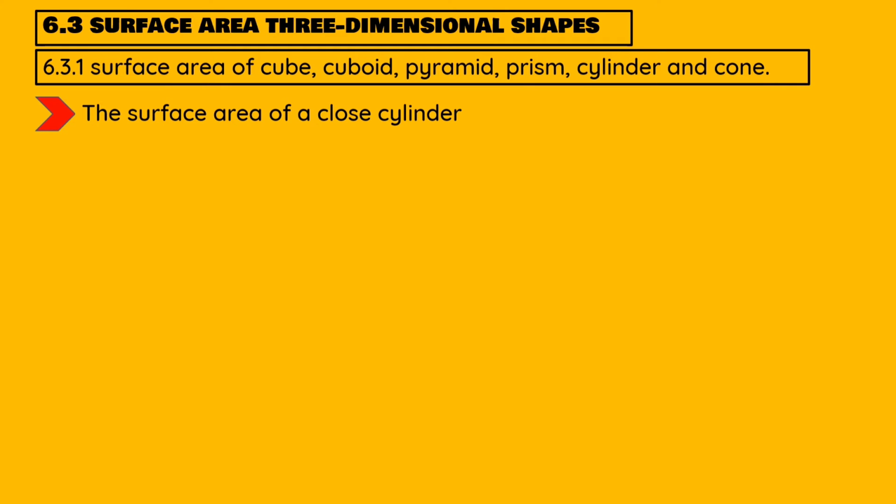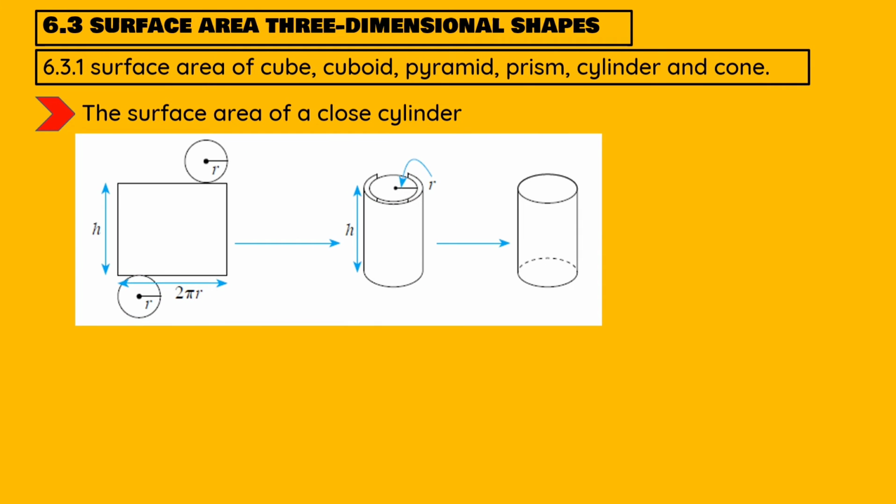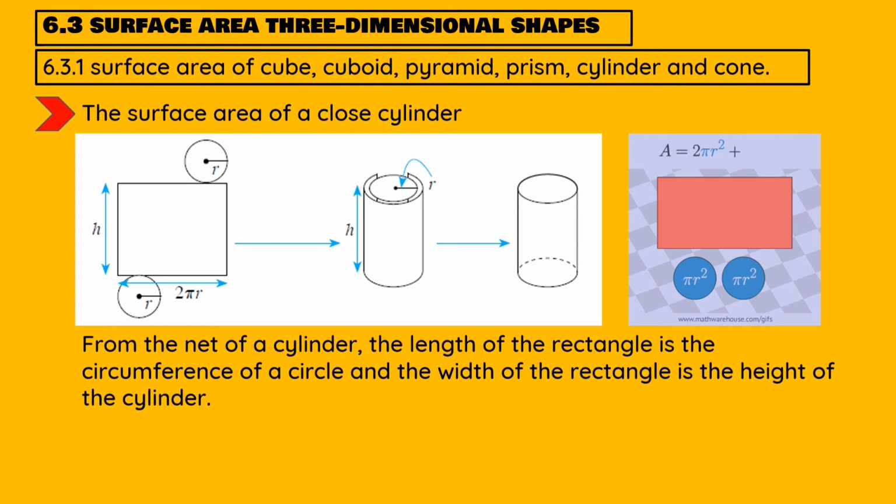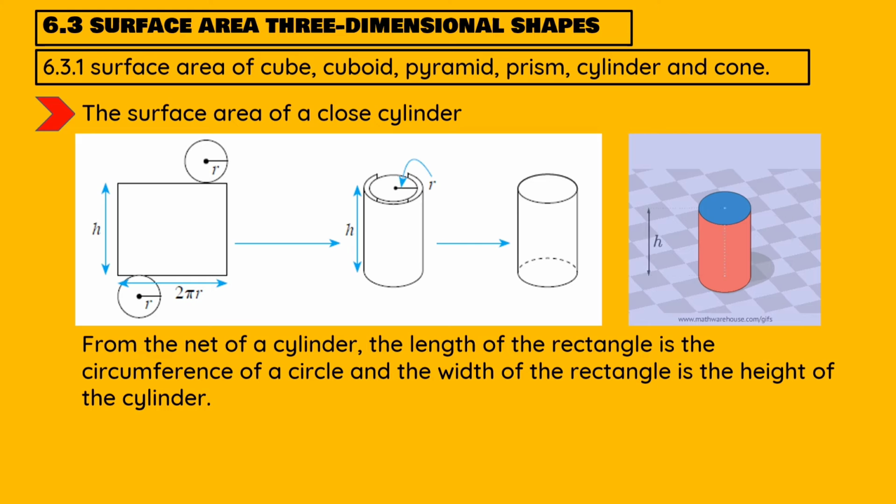The surface area of a closed cylinder. This is the surface area of a closed cylinder. From the net of a cylinder, the length of the rectangle is the circumference of a circle and the width of the rectangle is the height of the cylinder.